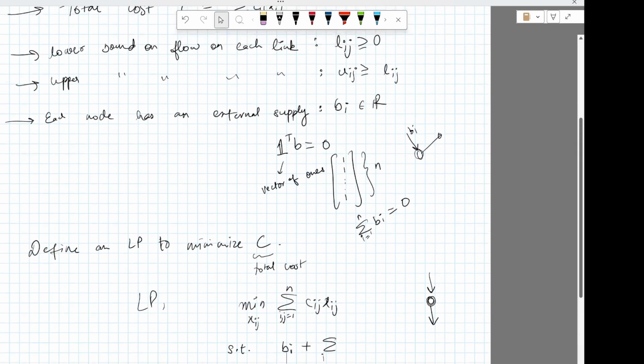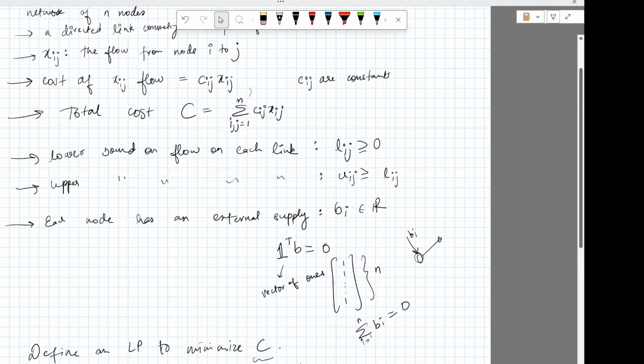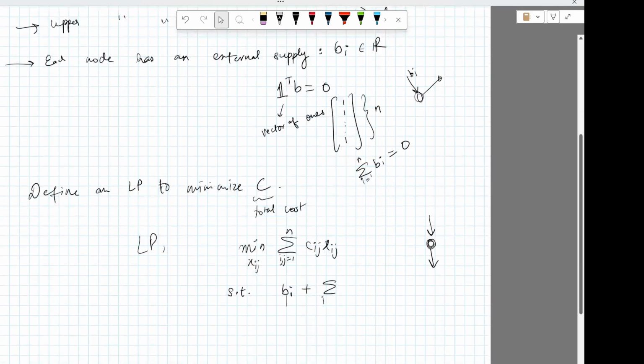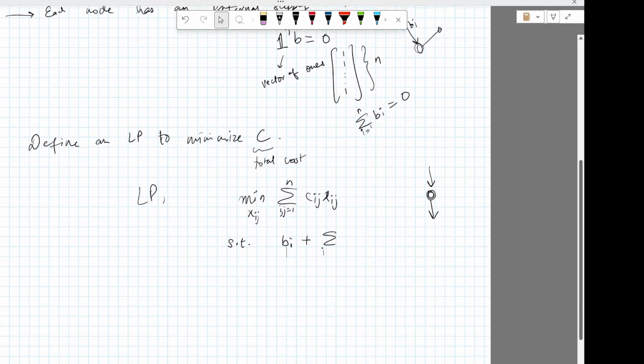Because I said xij is flow from node i to j. So bi is coming into the node, xji is coming into the node, j equal to 1 to n, and what is going out is xij. Sorry, this should be just j, j equal to 1 to n. This should be equal to 0.